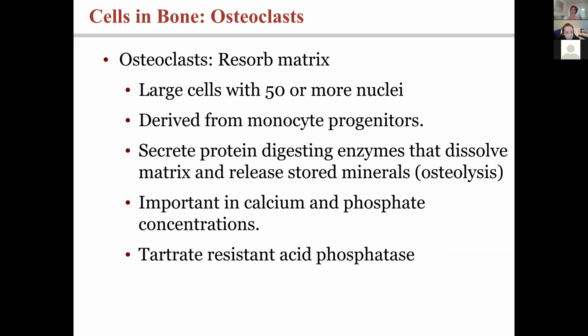Once the matrix that the osteoblast releases around it becomes calcified, the osteoblast will differentiate into an osteocyte.